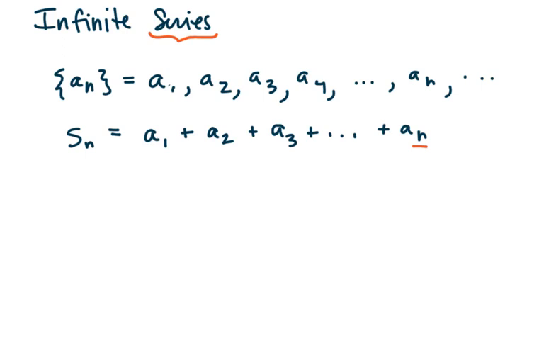This is an ordinary finite sum, and since it's finite and doesn't go on forever, it can be referred to as an nth partial sum.